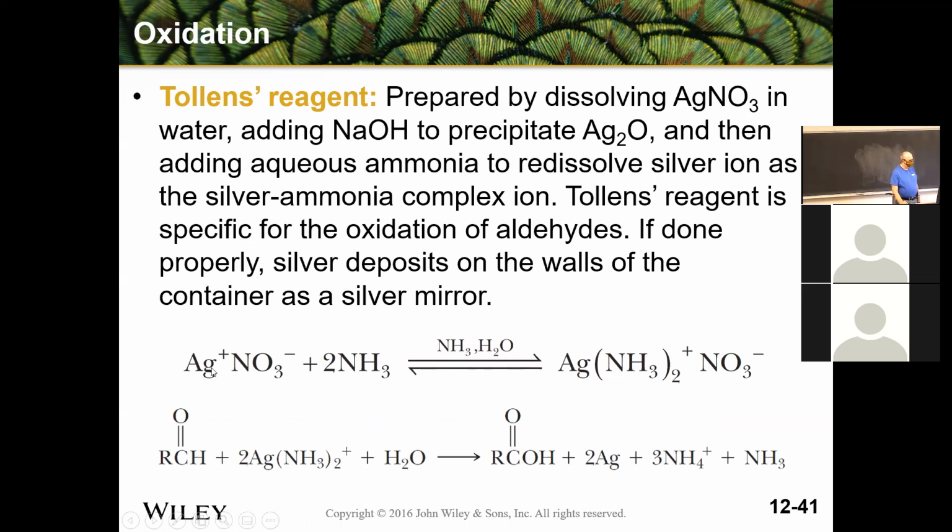Balancing charges, silver is +1, ammonia has no charge, so this complex has a +1 charge. If there's an aldehyde present, the aldehyde gets oxidized, and the silver gets reduced to silver metal.